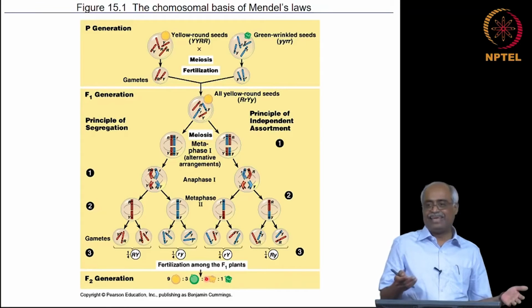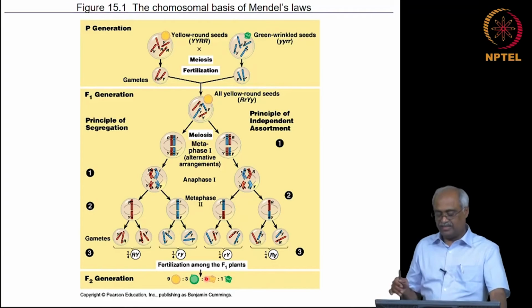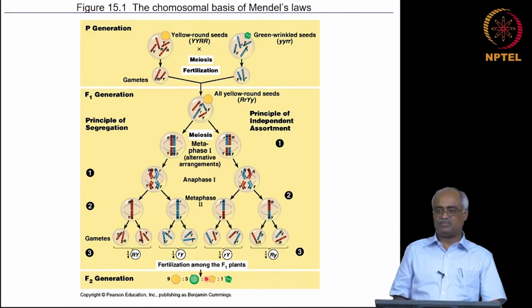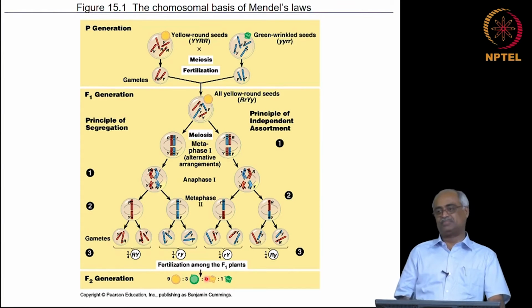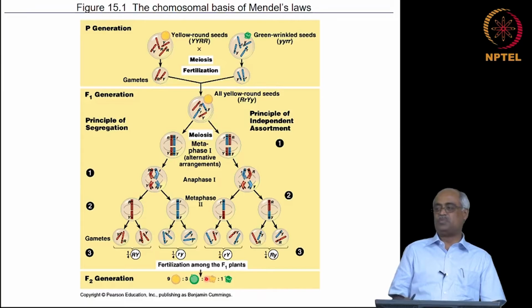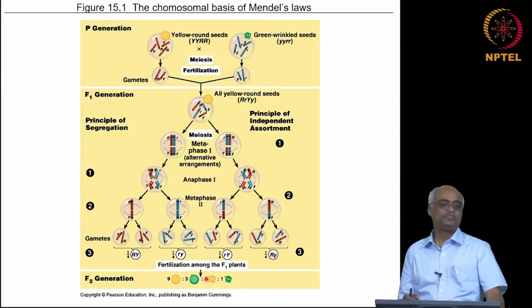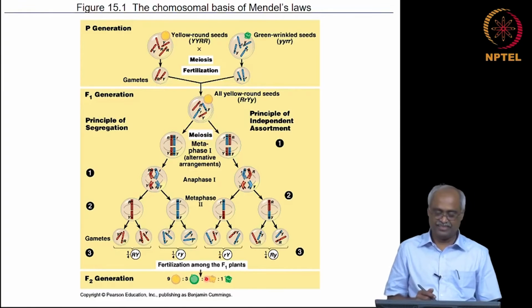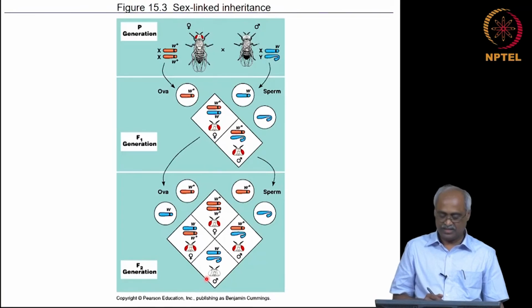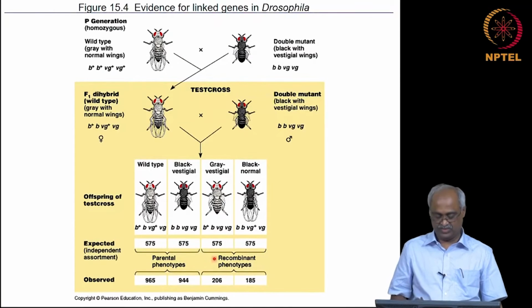So, he did not get either. So, he reasoned that they are probably on the same chromosome, but they have a way of sometimes separating. Probably the chromosomes break and join. Okay. So, that is the idea that Morgan thought of to explain this.